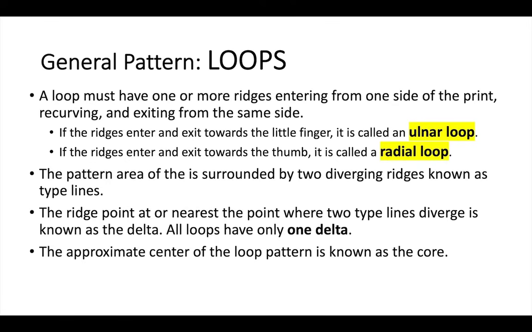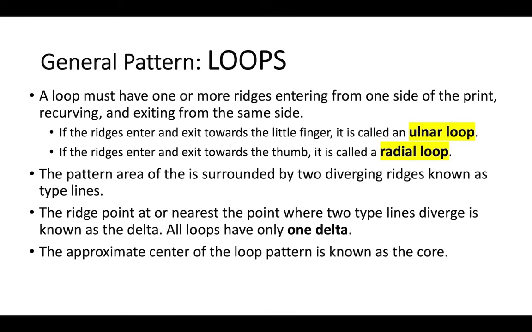What makes a loop a loop? Well, a loop must have at least one ridge entering from one side of the print, recurving and going back out the same side. That's what makes a loop a loop. Well, there are two different kinds. There's two subcategories of loops.